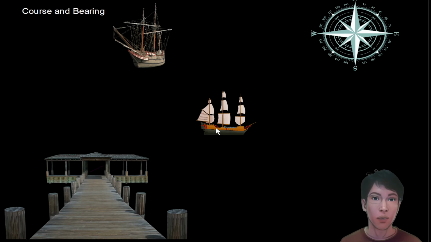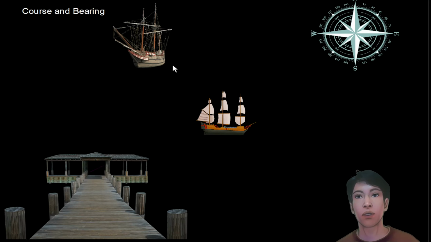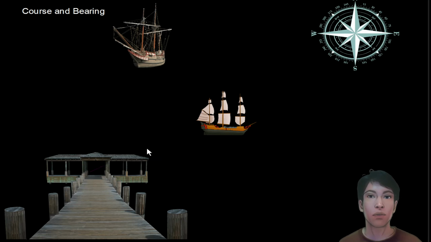However, the bearing of this ship as observed from this ship is not east, but it can be south, maybe 30 degrees or 40 degrees south or east of south.